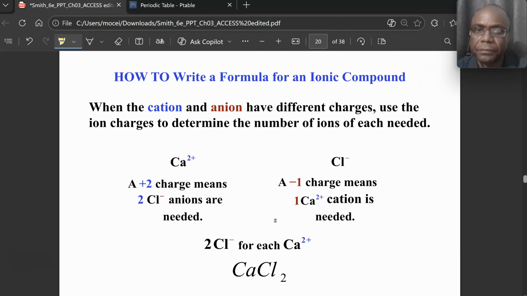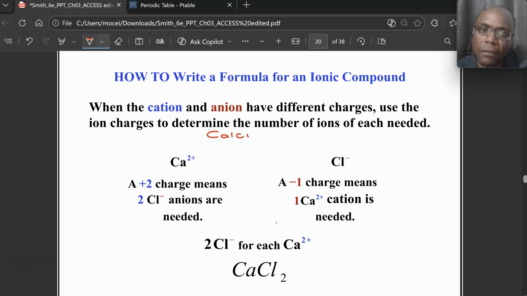We continue. Suppose someone wanted you to write the formula of the compound called calcium chloride. So this tells me that I need a calcium and I need a chlorine. Calcium is in group 2A, is a metal, so it will be 2 plus, loses 2 electrons. Chlorine is in group 7A, it's a non-metal, one step to noble gases, so negative 1.